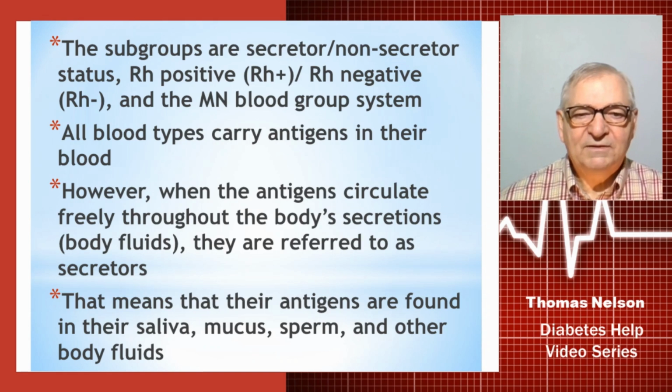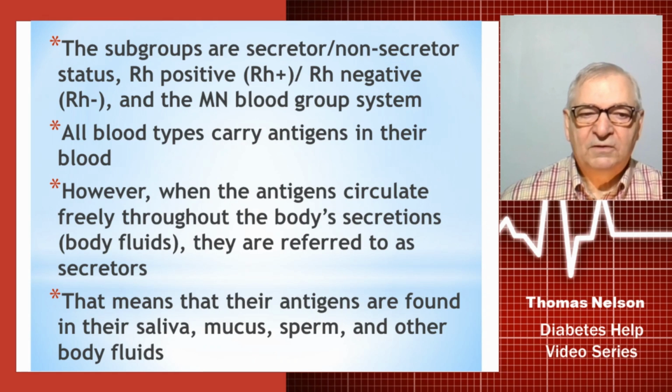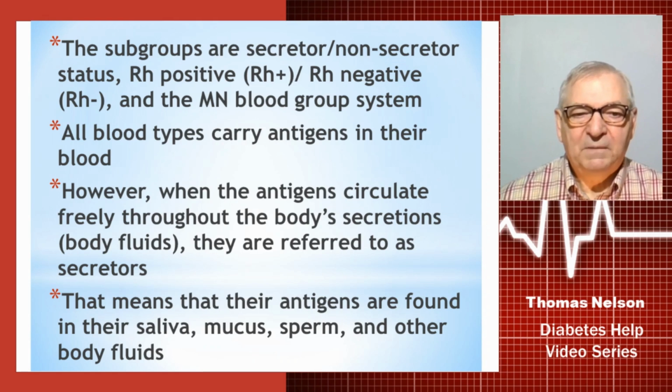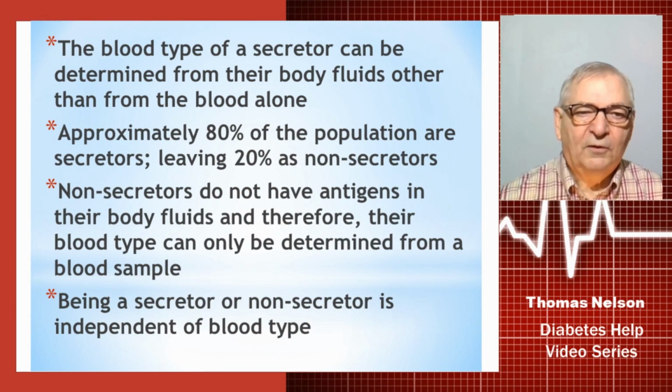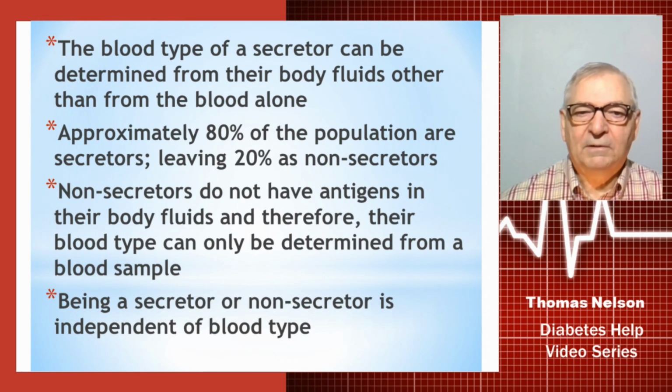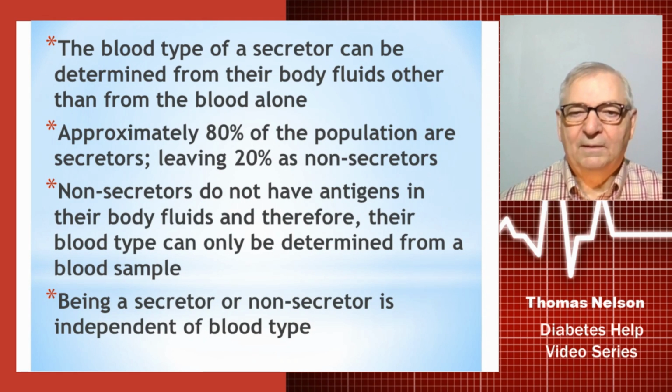All blood types carry antigens in their blood, as we've discussed. However, when the antigens circulate freely throughout the body, in the fluids of your body, their secretions, they're referred to as secretors. That means that for those individuals, their antigens are found in their saliva, their mucus, sperm, or other body fluids. So the blood type of a secretor can be determined from their bodily fluids other than just the blood alone.